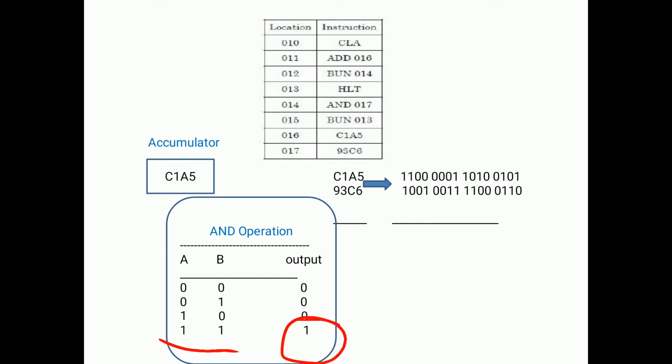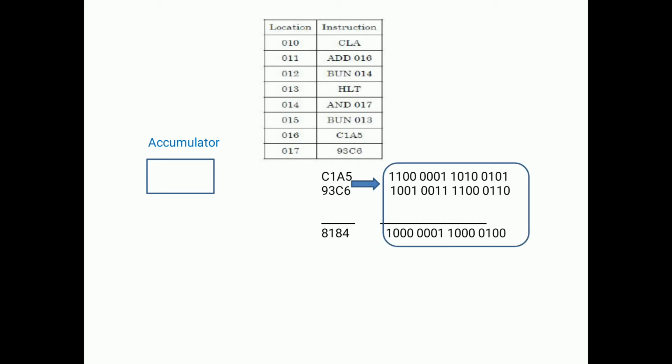After performing the AND operation we get 1000, 0001, 1000, and 0100. This one is 8, this one is 1, this one is 8, and this one is 4.